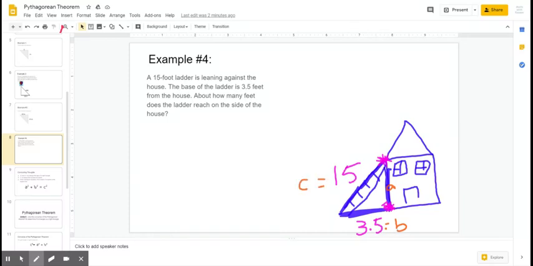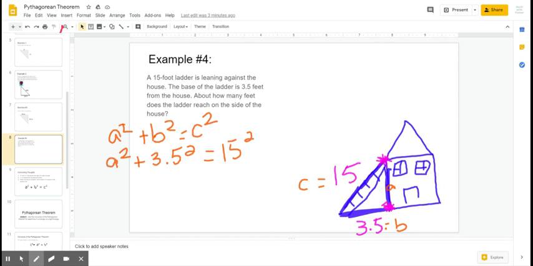All right, so we have A squared plus B squared is equal to C squared. So we said A is our missing piece, so A squared. B is 3.5, and C is 15.